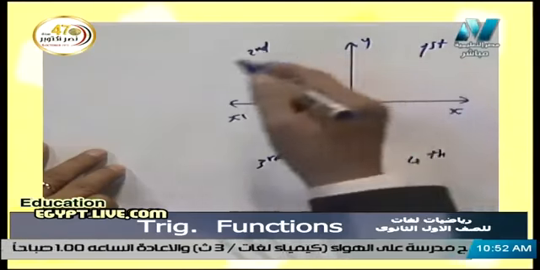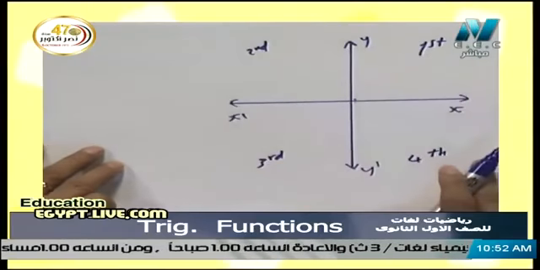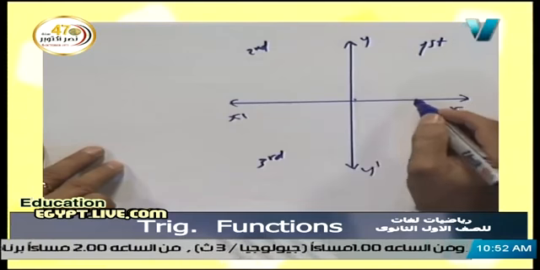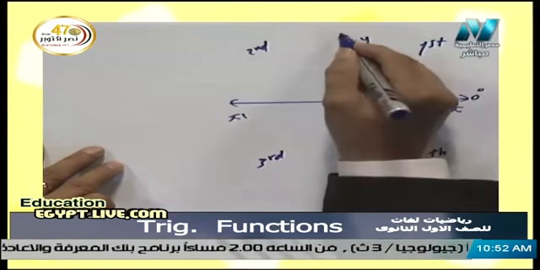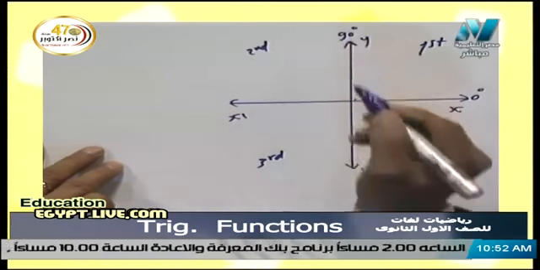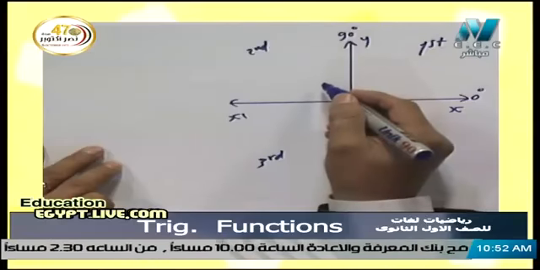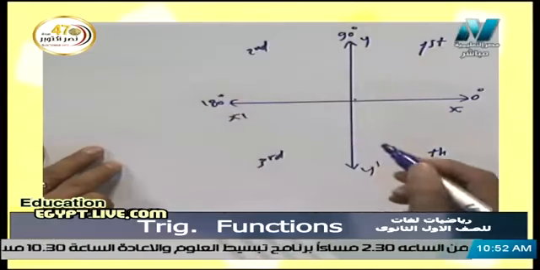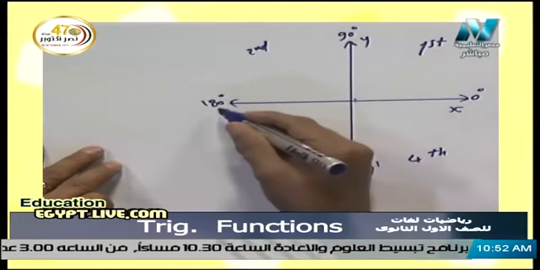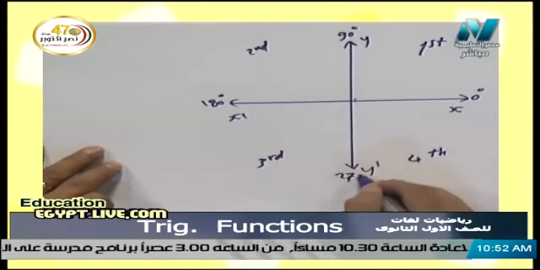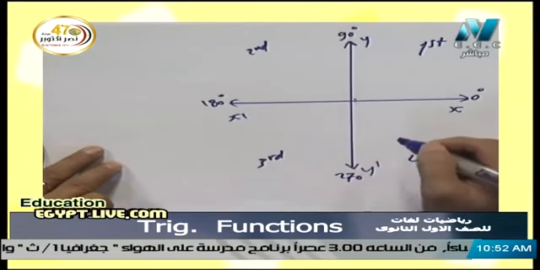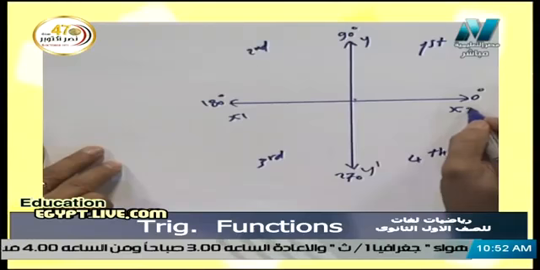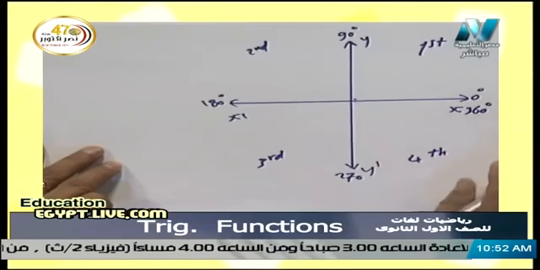We move in the anti-clockwise direction, okay? In the first quadrant, any angle lies between 0 degrees and 90 degrees. The second quadrant lies between 90 degrees and 180 degrees. The third quadrant lies between 180 and 270. And finally, the fourth quadrant is for angles between 270 and 360. Okay?